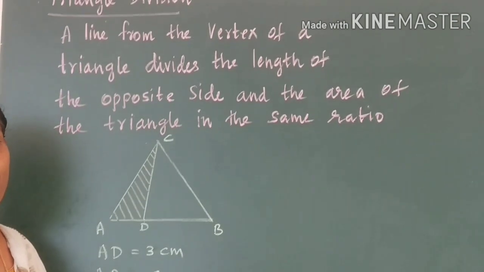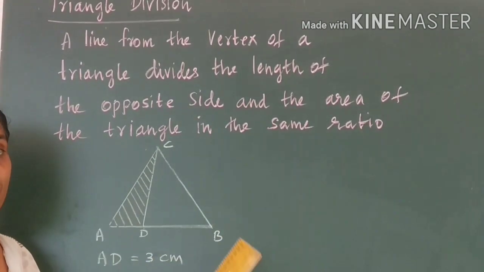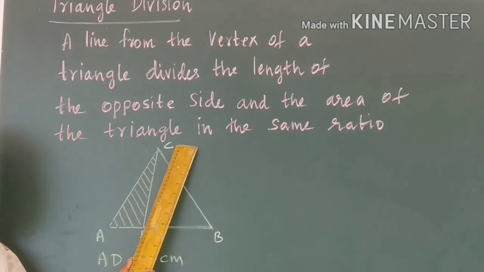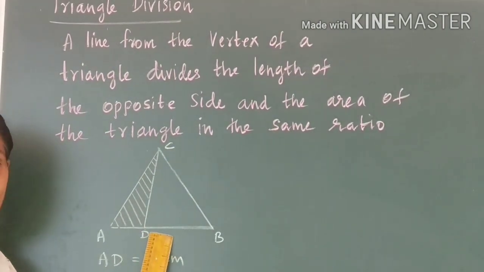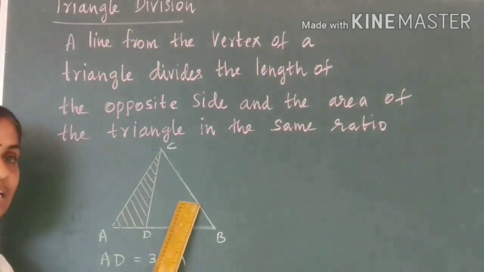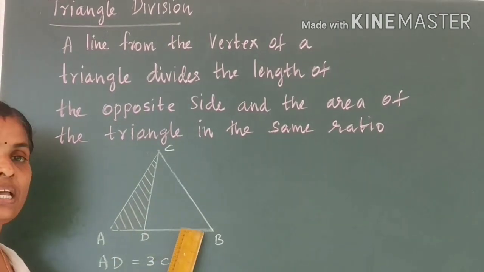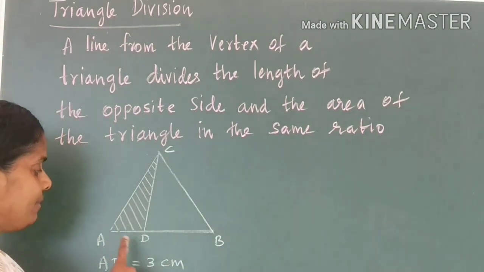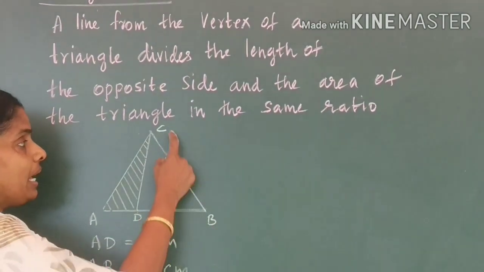We are going to prove a line drawn from a vertex of a triangle to the opposite side divides the area of the triangle and the bases in the same ratio, for which I have drawn a triangle ABC.